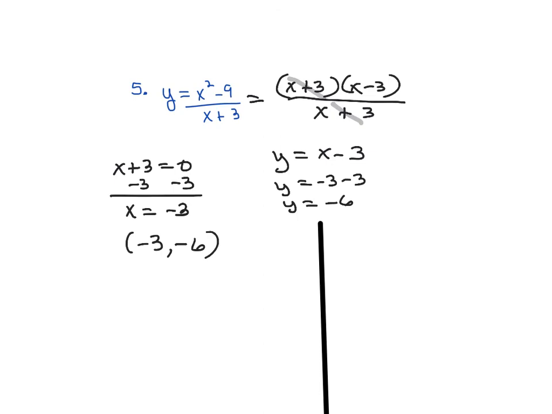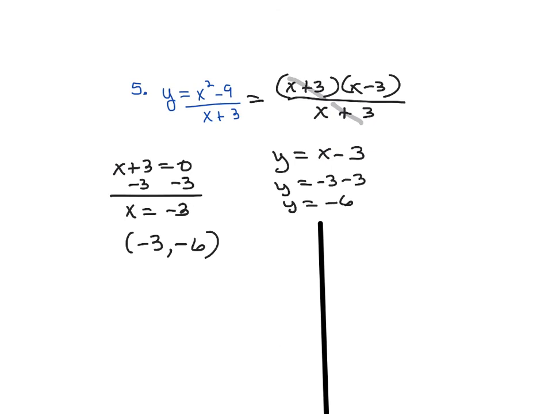Now, for this one, there is no vertical asymptote. The denominator is gone. We just have a hole. And then for the horizontal asymptote, remember when we check the degree, this time the numerator's degree is greater than the denominator's degree.